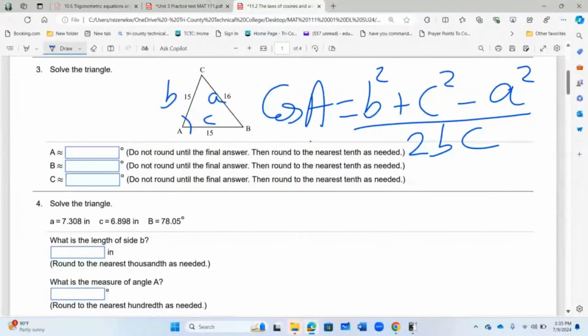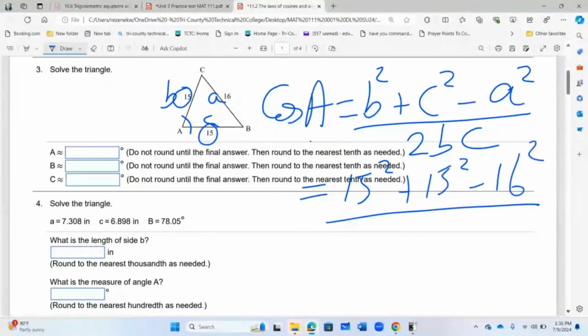Now I have to substitute. Cosine of A is equal to B squared, 15 squared, plus 15 squared, minus 16 squared, all over 2 times 15 times 15.